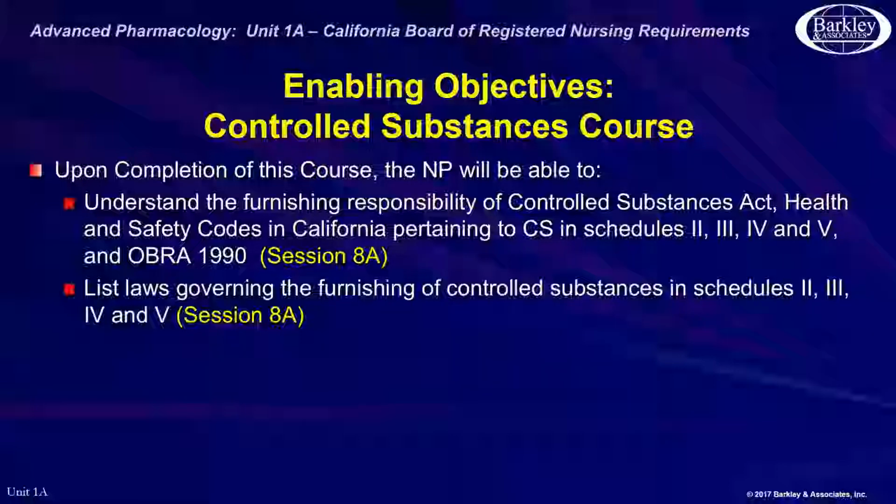This will be covered particularly in Session 8A, which is Introduction to Prescribing of Controlled Substances. The student will also learn to list laws governing the furnishing of controlled substances in Schedules 2, 3, 4, and 5. Also covered in 8A, the Introduction to Prescribing of Controlled Substances.